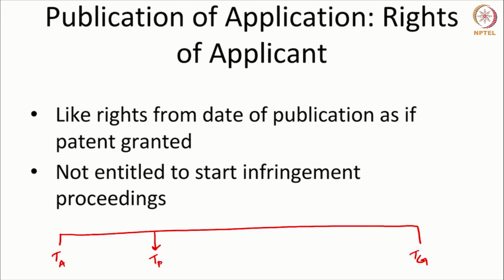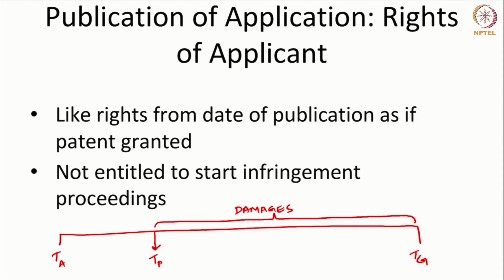So, an applicant can claim damages for actions. So, damages is a relief that an applicant can claim, compensation, if somebody uses his invention during this time, the time between TP and the time between TG, time of grant.